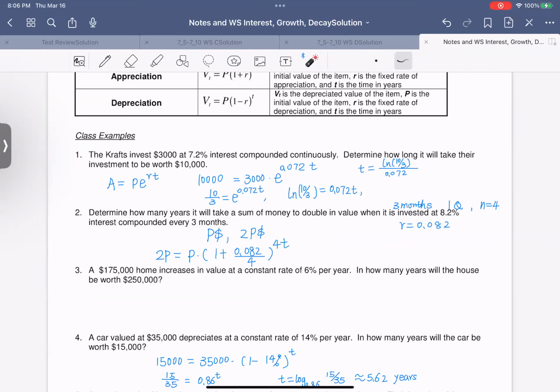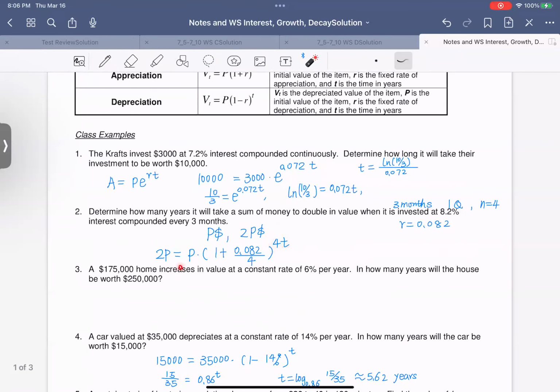Yes. If you have T years, in 1 year you compound 4 times, so you have 4t. And then 2P over P is 2. So you have 2 equals 1 plus 0.082 over 4, which is 0.021, so this is 1.021, right? Yes.